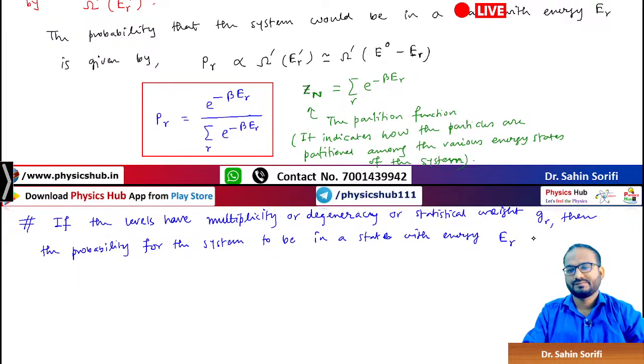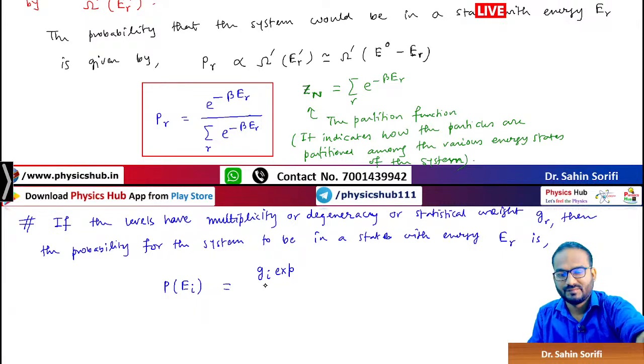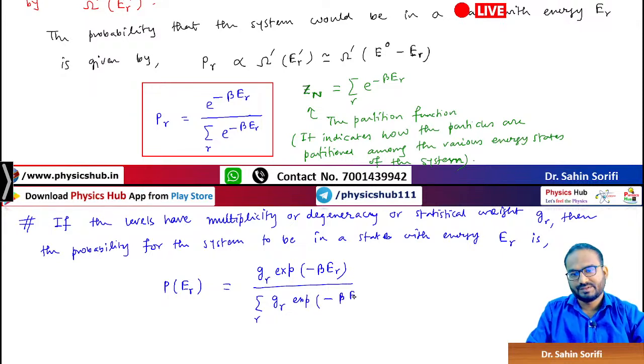So let's say the probability of the state being with energy ER is equal to GR exponential minus beta ER divided by the sum over R of GR exponential minus beta ER.